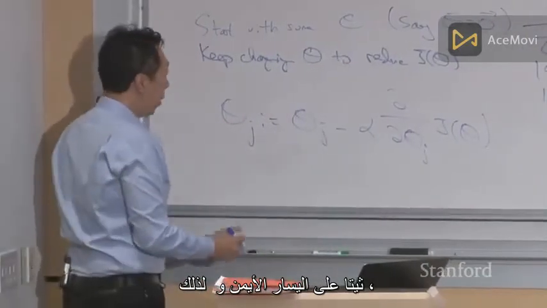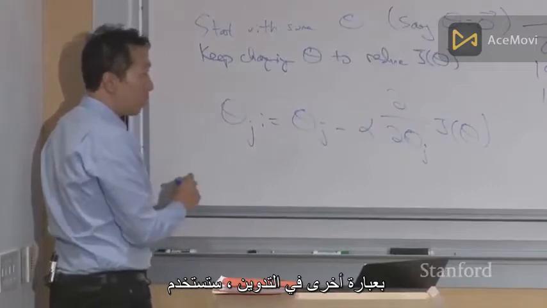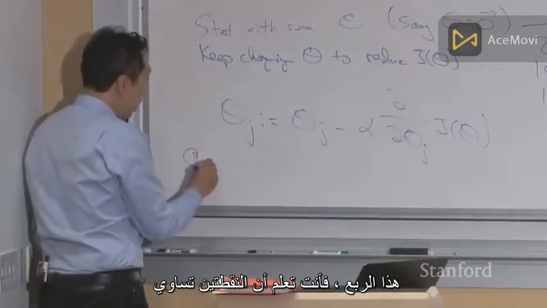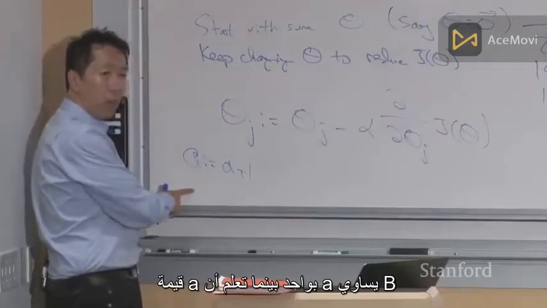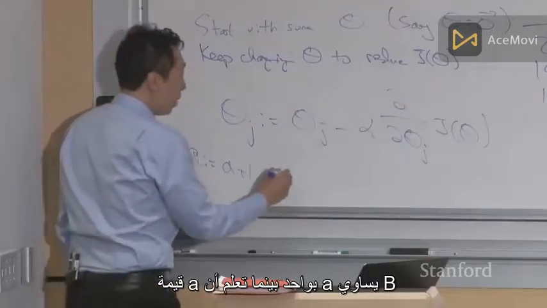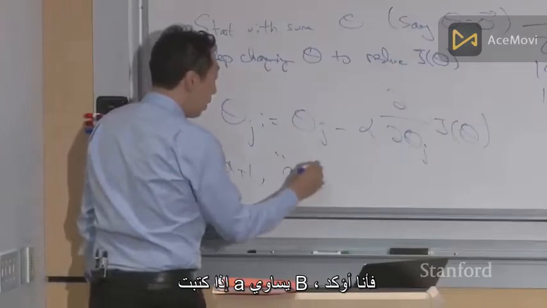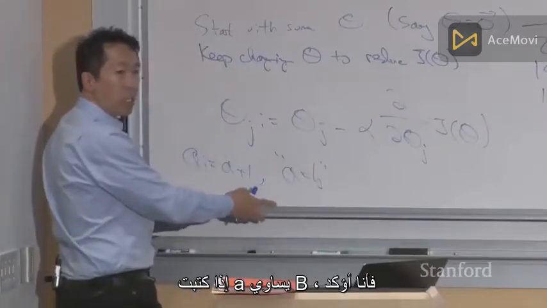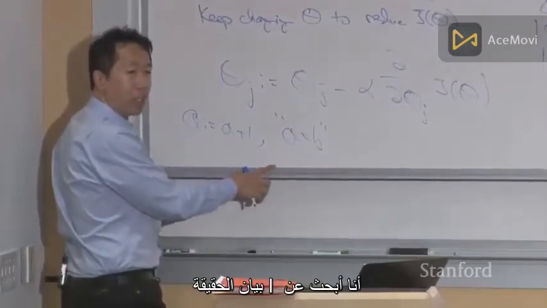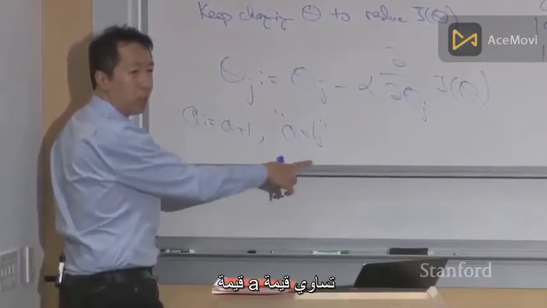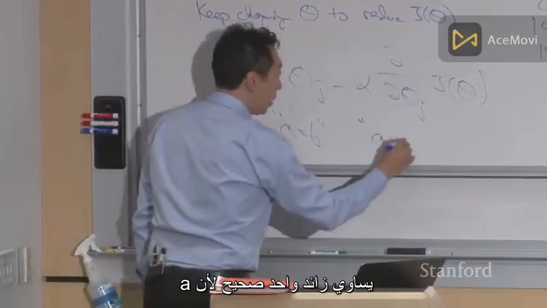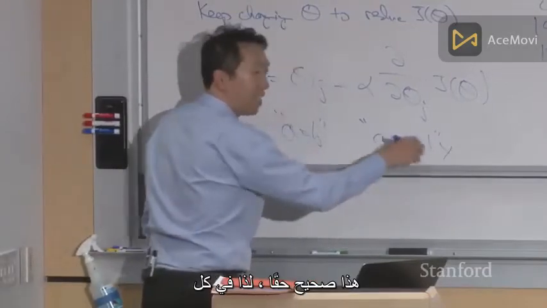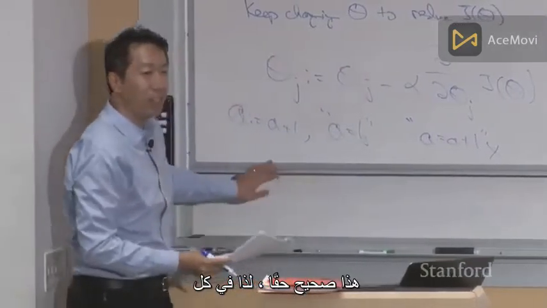In other words, in the notation we'll use, a colon equals a plus 1 means increment the value of a by 1. Whereas if I write a equals b, I'm asserting a statement of fact, that the value of a is equal to the value of b. And hopefully I won't ever write a equals a plus 1, because that is rarely true, okay?